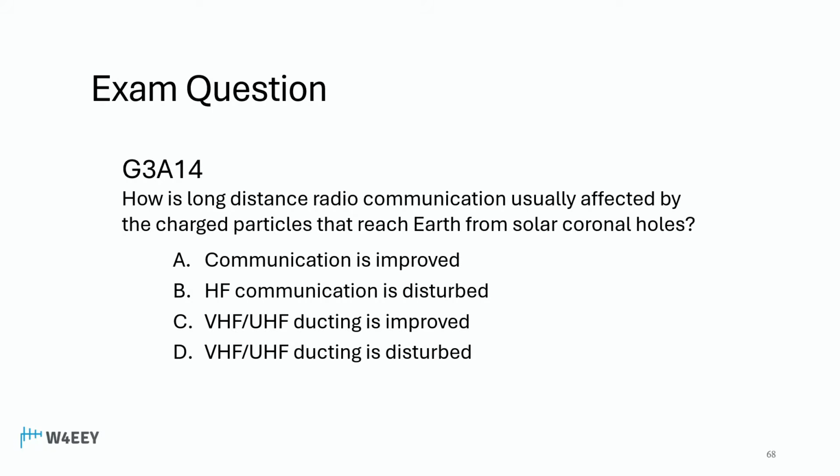How is long distance radio communication usually affected by the charged particles that reach Earth from solar coronal holes? Bravo. Yep, our ostrich is disturbed. HF communication is disturbed. Anytime you see something kind of bad, something gets disturbed.